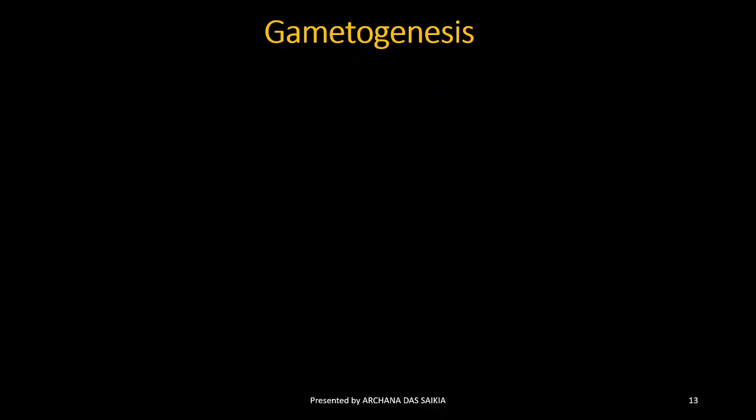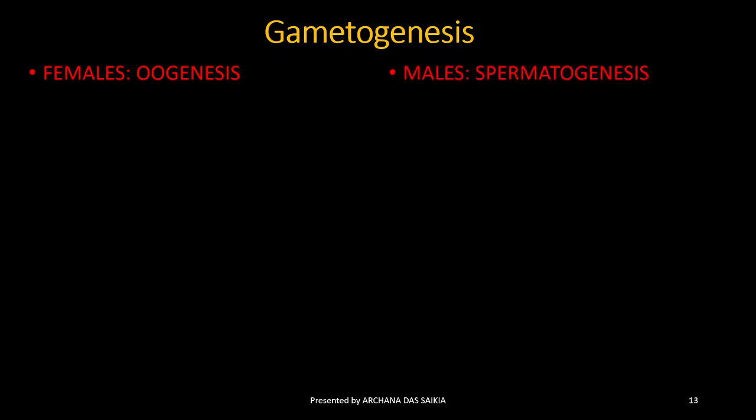So gametogenesis, that is formation of gametes. Now in females, the process of gametogenesis is known as oogenesis. That is the formation of the female gamete, which we also call ovum or egg, or even oocyte, is known as oogenesis.